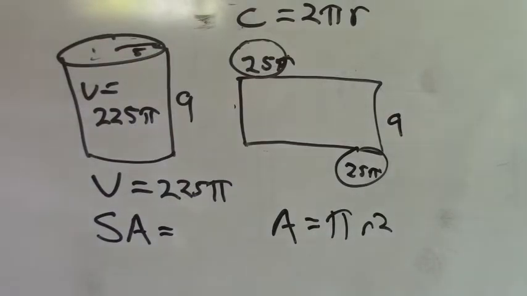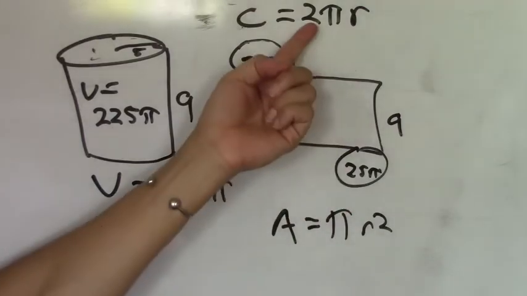Say it. Area equals what? A equals 2 pi r. That's still not good enough. What's this A stand for? Area equals 2 pi r, I mean pi r squared. Pi r squared.